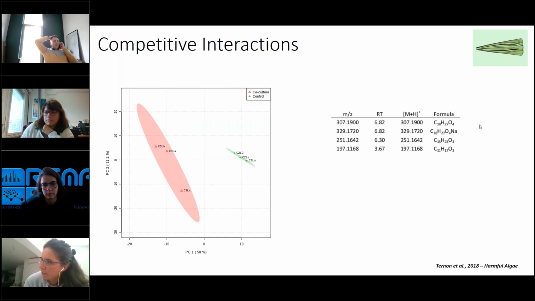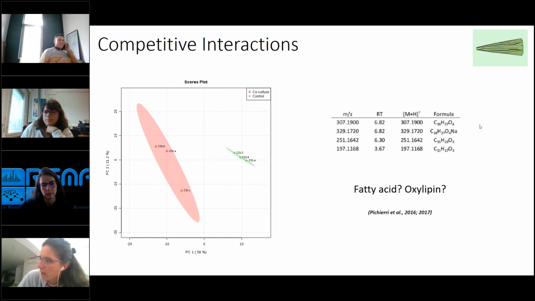Unfortunately, at that stage of the experiment, we were not able to identify structures, but we put forward that they could be either fatty acids or oxylipins, because oxylipins are known to be produced by diatoms in high content, and be bioactive against a large variety of marine organisms, and in particular Ostreopsis, as it was shown by Gary et al. in 2016 and 2017.